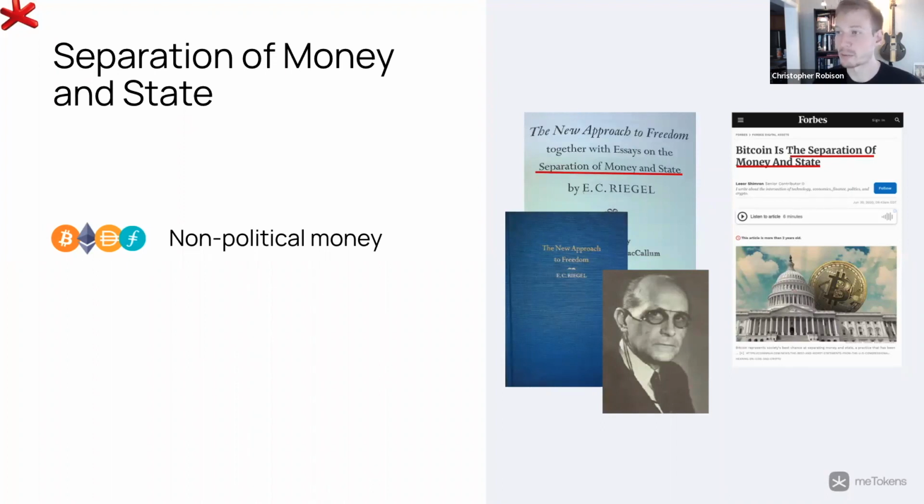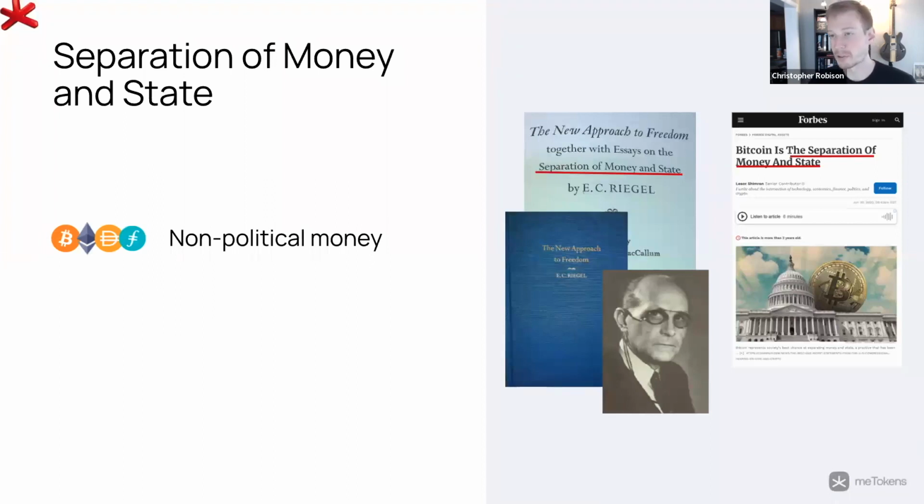So he proposed the term of separation of money and state, which ended up becoming really like a giant calling card for Bitcoin when it first came out, and it's still used to this day in media articles online, stuff like that. So of course, at the time when E.C. Riegel coined the term separation of money and state, he clearly envisioned that there could be non-political money, and that is how we know this term to be used today.